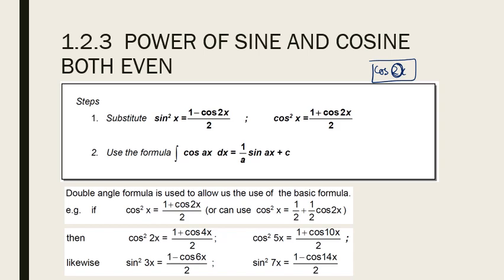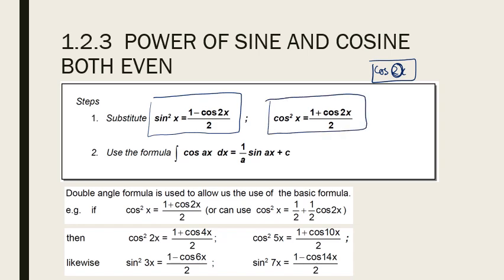So that we use sin square x equal to 1 minus cos 2x over 2, or cos squared x equal to 1 plus cos 2x over 2. And then use the formula of integrate cos ax dx equal to 1 over a sin ax plus c. Actually integrating cos gives sin, but because the function here has a, it is over a, so it becomes 1 over a.